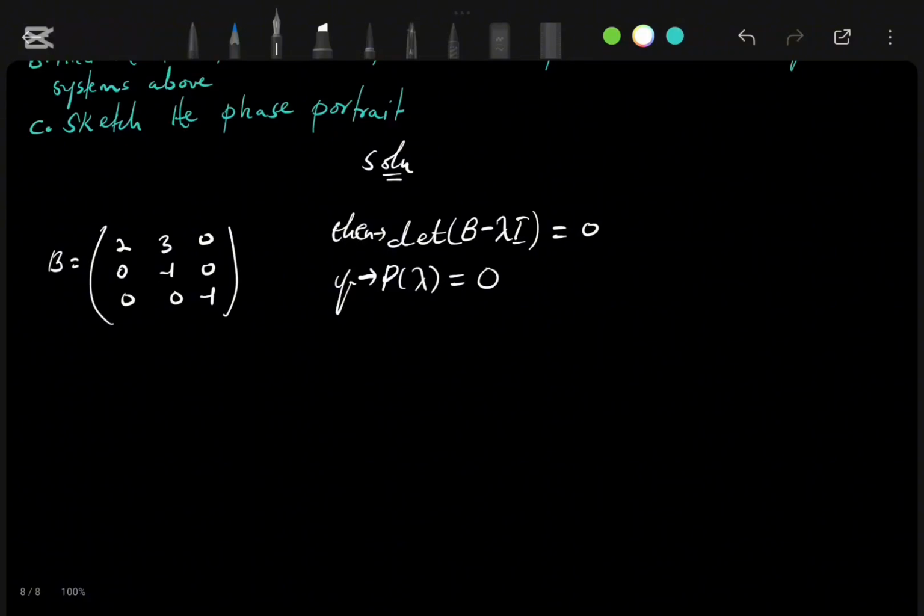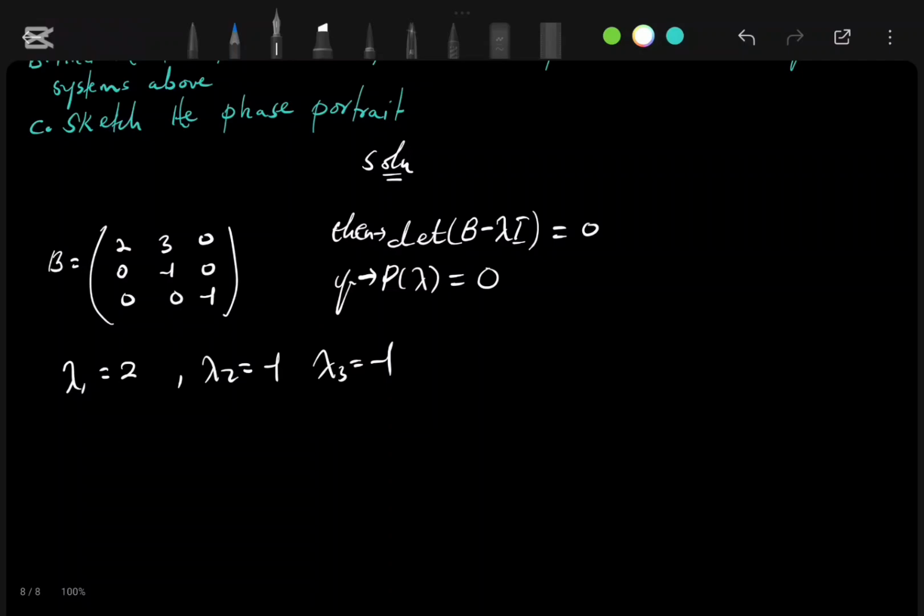But in this case, because our matrix is upper triangular, our eigenvalues lie on the diagonal. So our eigenvalues for the matrix B are lambda 1 equals 2, lambda 2 equals -1. Lambda 3 also will be equal to -1. So we see that -1 is repeated twice.